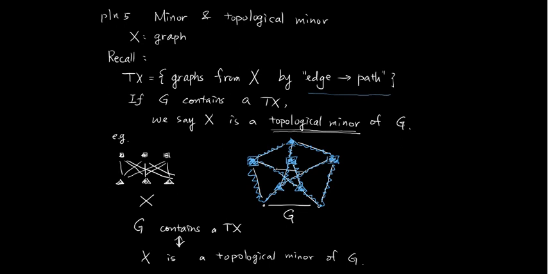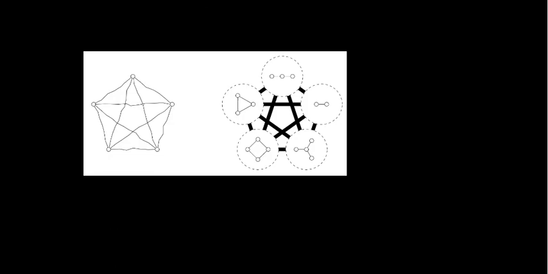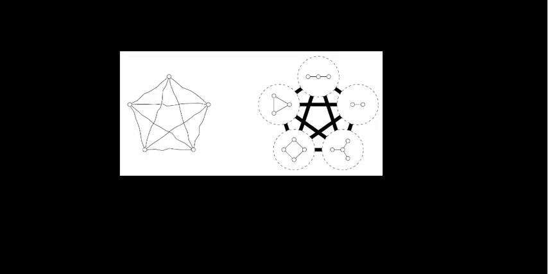Okay, so before moving on to the next page, recall that we are replacing each edge with a path. And now here is a different idea, as I mentioned at the beginning of the class. Now let's just look at the graph. Let's say X is K5. If you want to see the structure of K5, there are at least two ways.